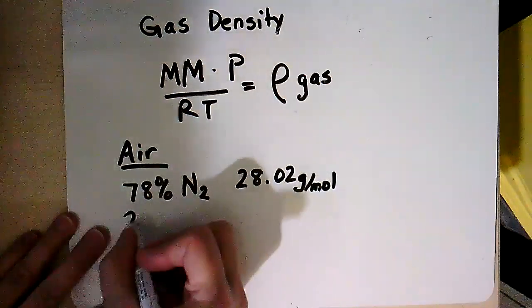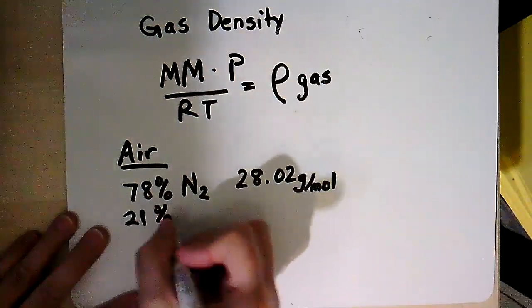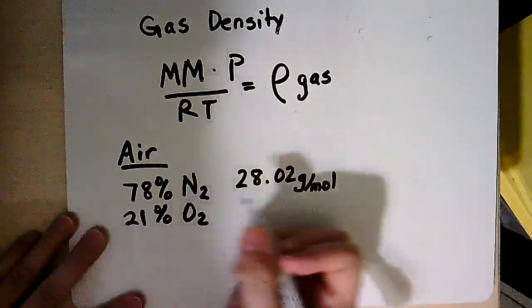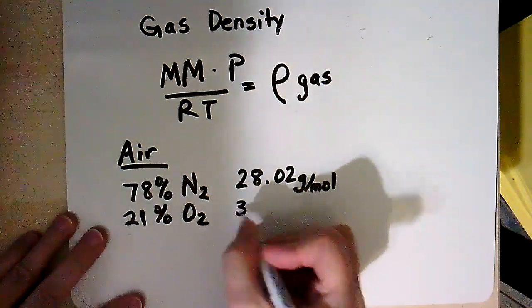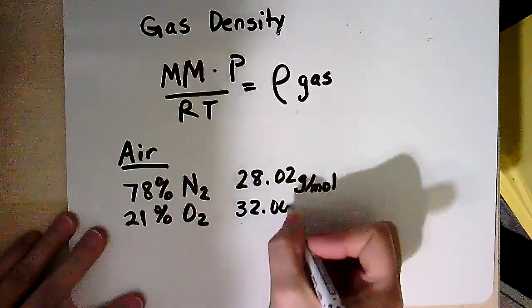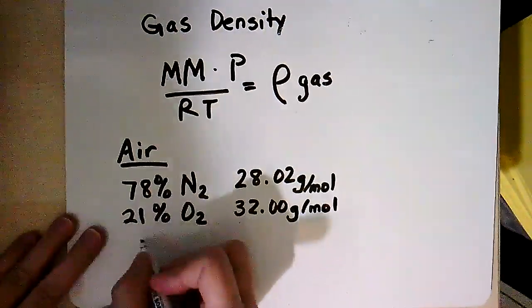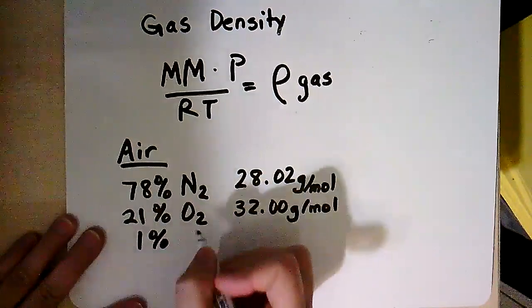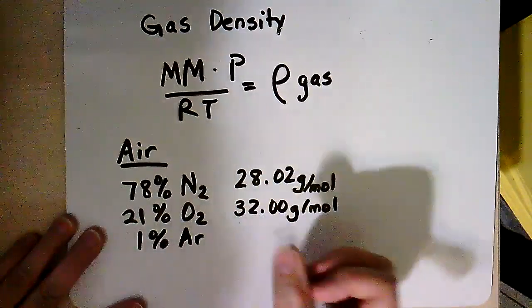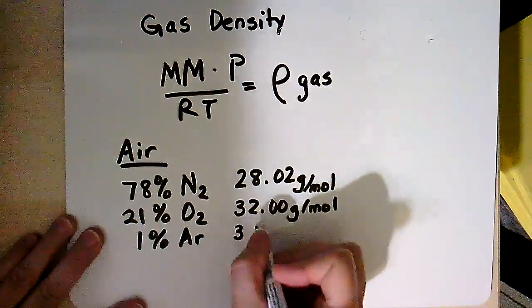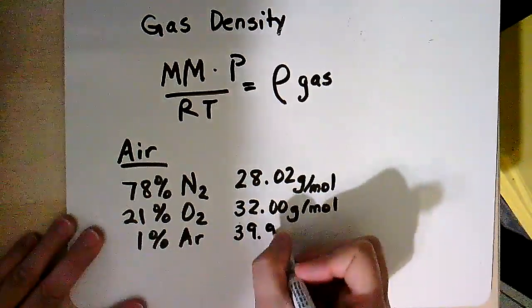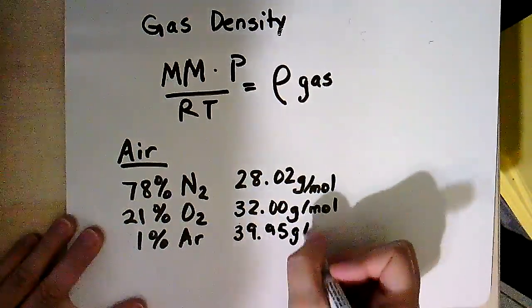We know that air is 21% oxygen, and we know the molar mass of oxygen is 32 grams per mole. And we know that air is 1% argon, and the molar mass of argon is 39.95 grams per mole.